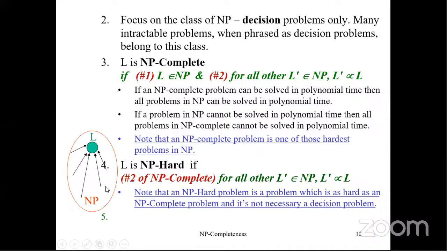So once this NP exists, every other value of L here is transformed into L. So once this is complete, then we can say that it is an NP hard problem.